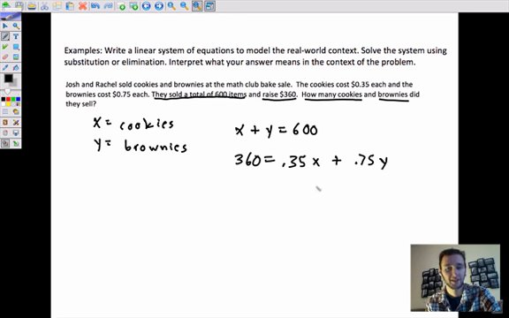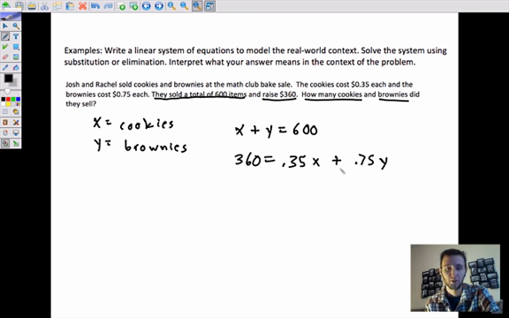That's kind of the key here. Remember, x is the number of cookies, and if each one sells at 35 cents, this 0.35 times x is the total amount of money made off of cookies, and similar for brownies. Add those two together and we know that they raised a total of $360.